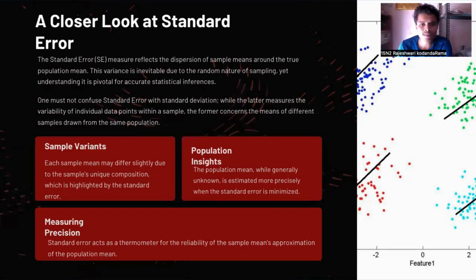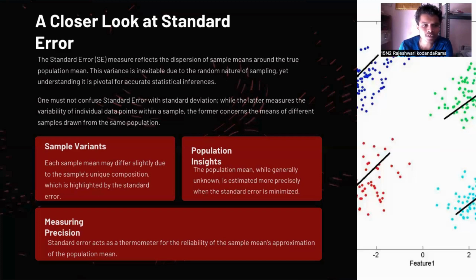While the latter measures the variability of individual data points within a sample, the former concerns the means of different samples drawn from the same population. Sample variance, population insight, and measuring precision.